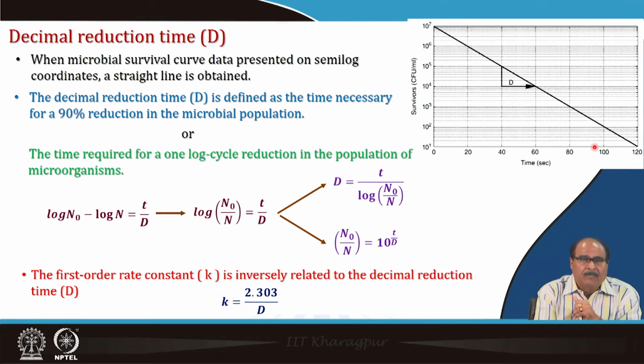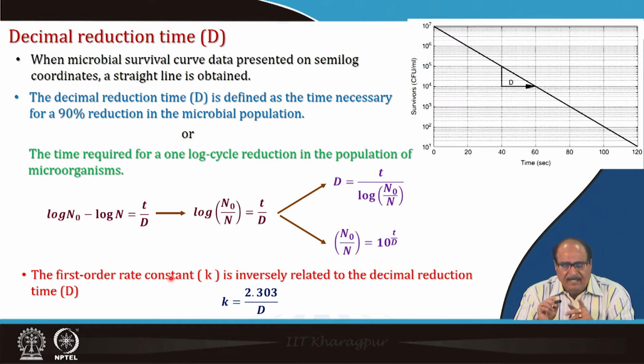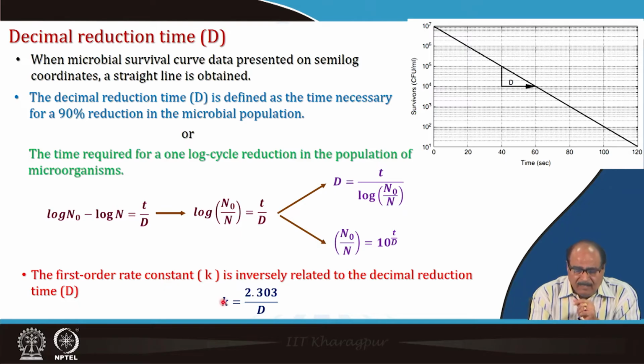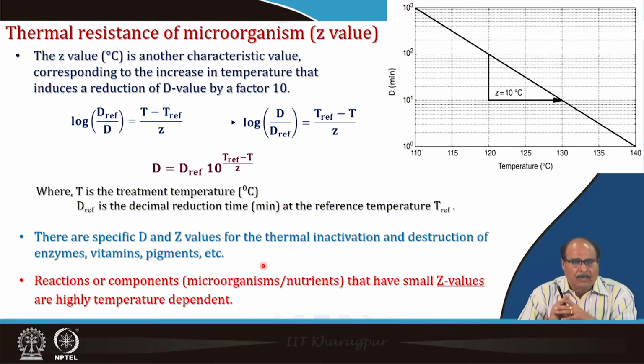The kinetic model is log N0 minus log N equals t by D, or t by D equals log N0 by N, or N0 by N equals 10 to the power t by D. The first order rate constant k is inversely related to the decimal reduction time, that is k equals 2.303 by D. By this you can calculate the decimal reduction value, the D value, of the process.